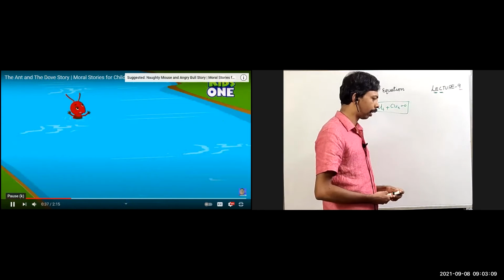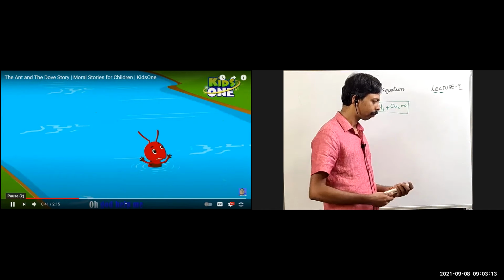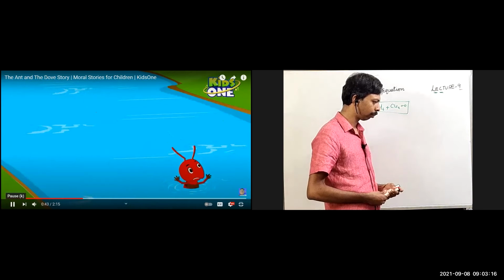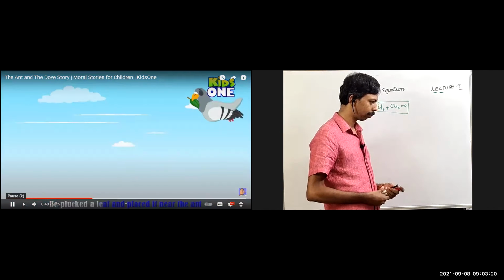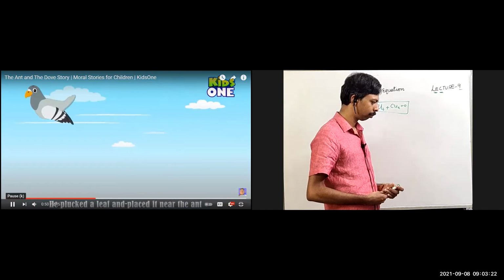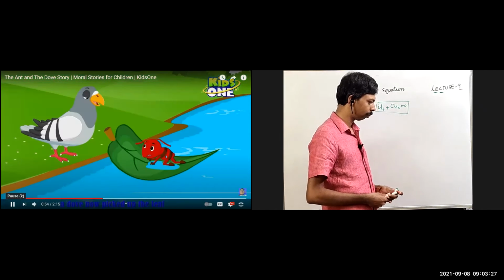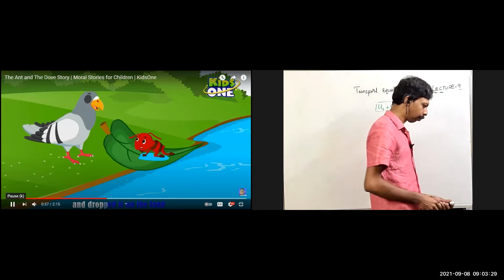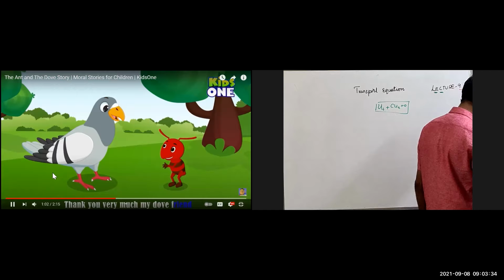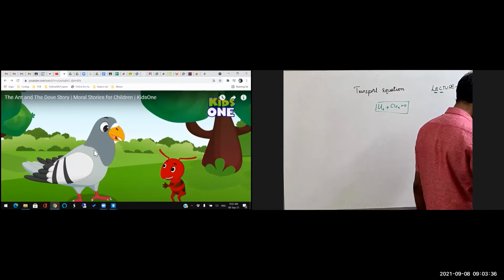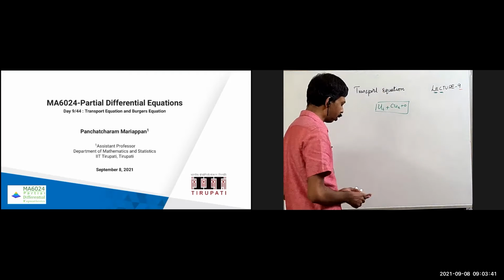So this is the story of this transport equation also.